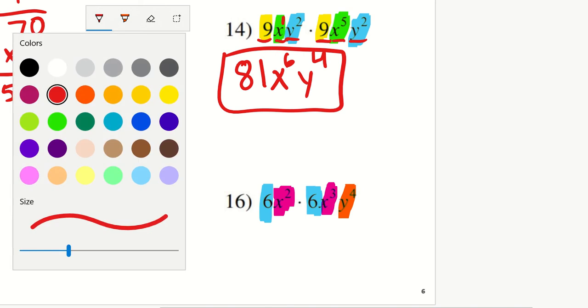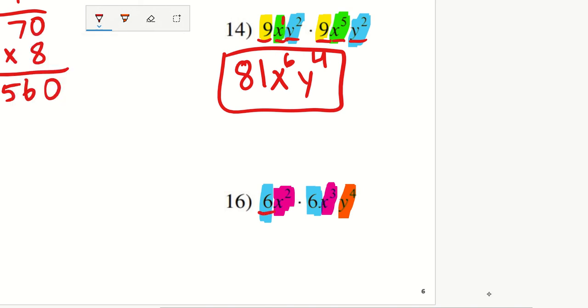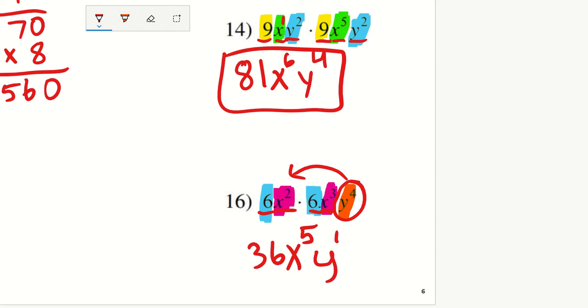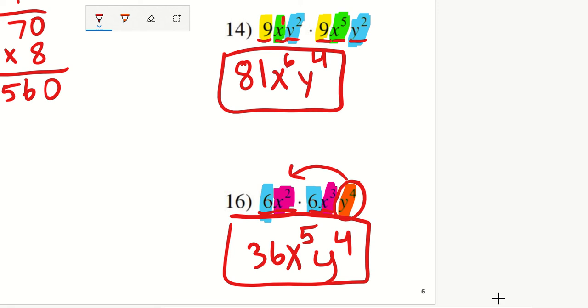So the last example would be 6 times 6, that's 36. x squared times x to the third power, we add the exponents, that's x to the fifth power. And then, of course, the y is by itself. We can't multiply with anything else, so all we have to do is bring it down. So that would be my answer, the simplified version of this expression.